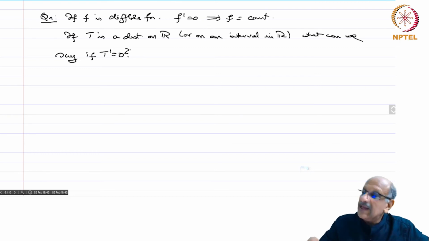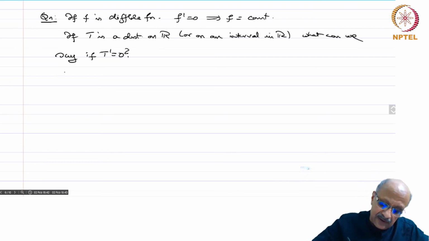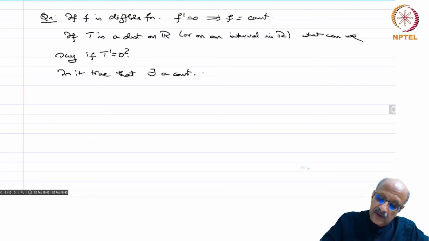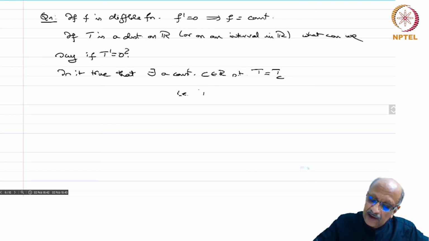Does it mean that T is a constant? But what do you mean by T is a constant? T is a distribution generated by a constant. Is it true that there exists a constant c in R such that T equals T_c, that is T of phi equals c times the integral of phi dx over R?